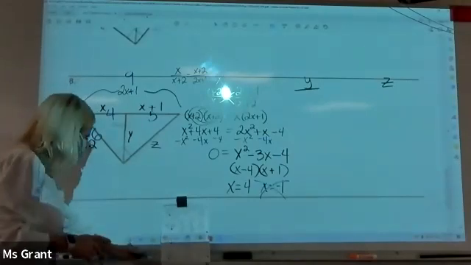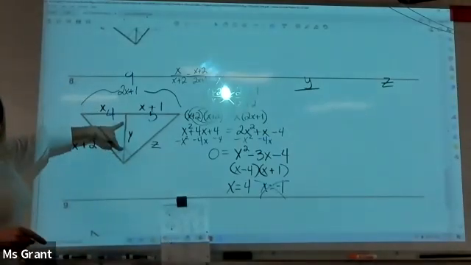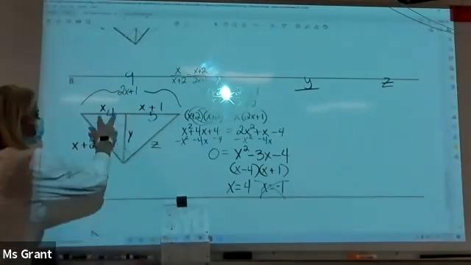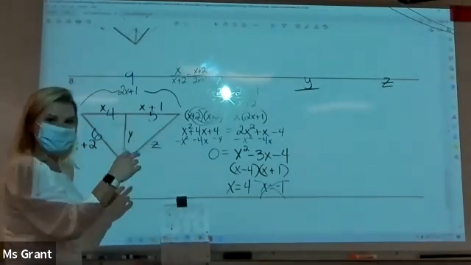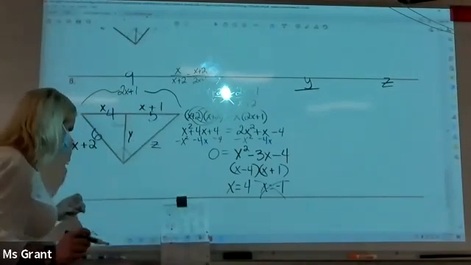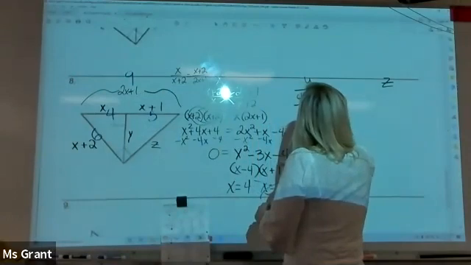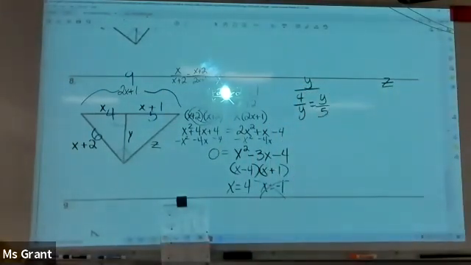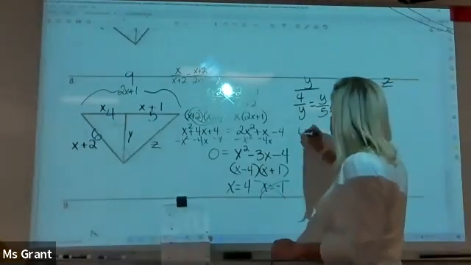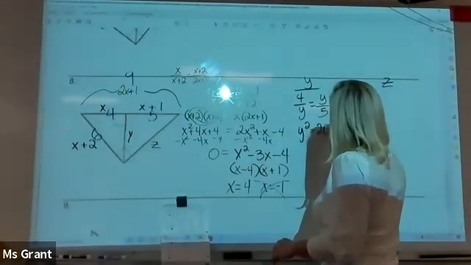So, with my altitude, remember how my altitude compares the 4 and the 5? It's adjacent legs. So I'm going to go 4 over y equals y over 5. Y squared equals 20.